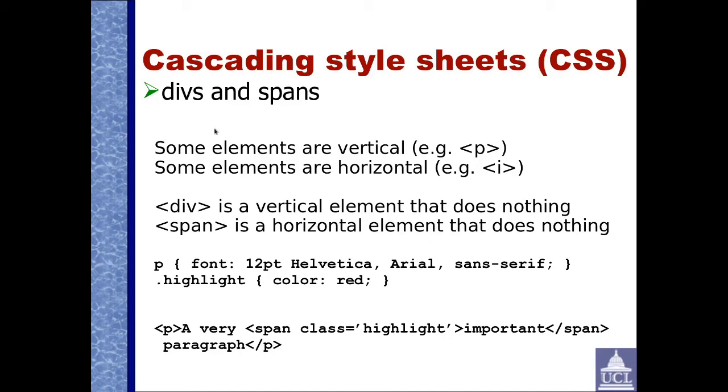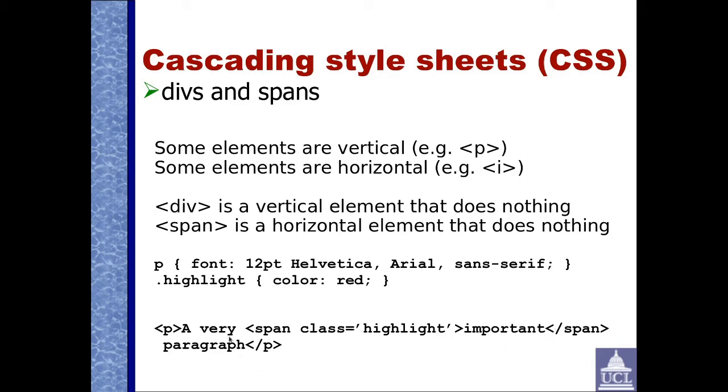In our example before, we had P font and specified the font for a paragraph, and then we had dot highlight, which specifies a class, and it was colour red. Now to highlight the whole paragraph in red, we put the class equals highlight within the paragraph tag. But if we just wanted to highlight a single word, then we could say span class equals highlight, and then the word or words, it doesn't have to be a single word, and then end the span.